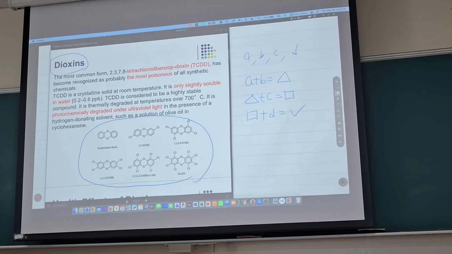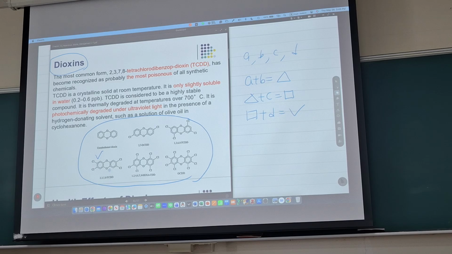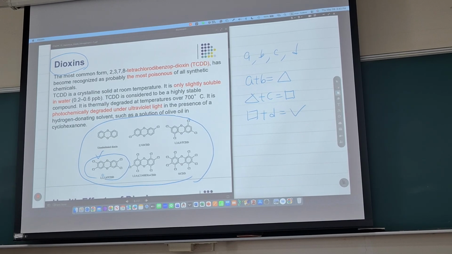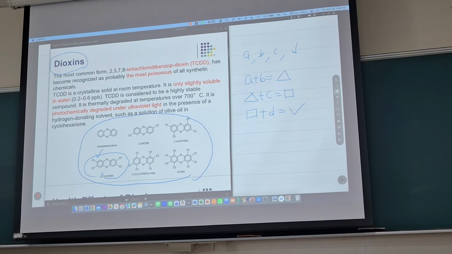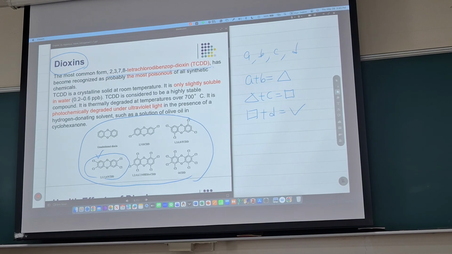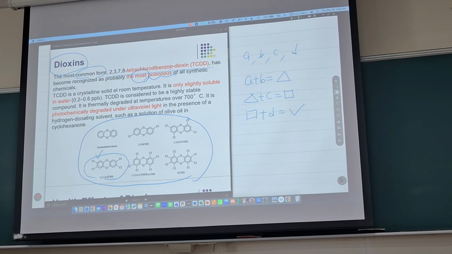All of these are dioxins. But this one is the most common one, while the rest of them are still classified as dioxin. The most common one is this guy, and also probably the most toxic.